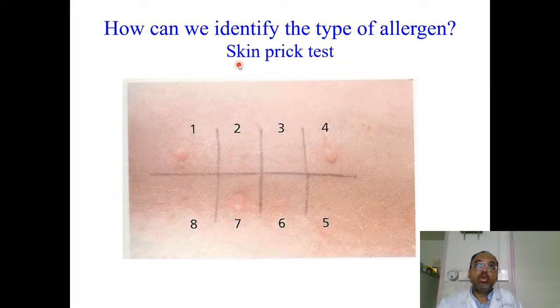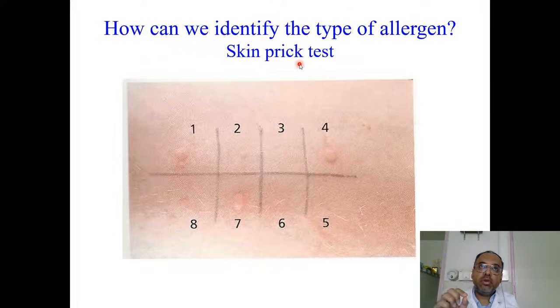The way that we try to identify the type of allergen which is causing the problem is that you prepare extracts of the antigens in an aqueous medium, and you put it on the skin, and then using a tiny needle you make a little bit of that antigenic extract enter the skin. So that's why it's called pricking.